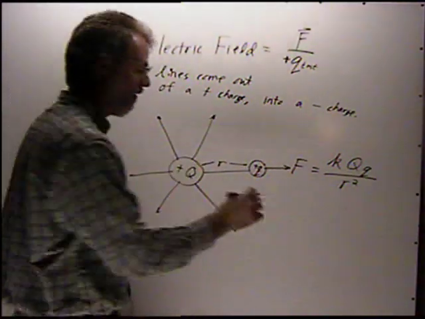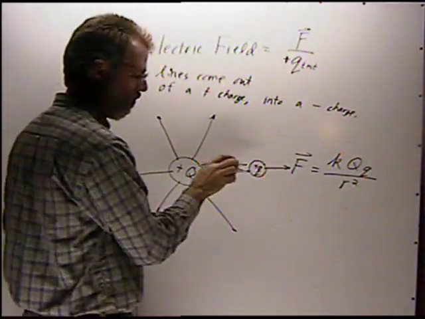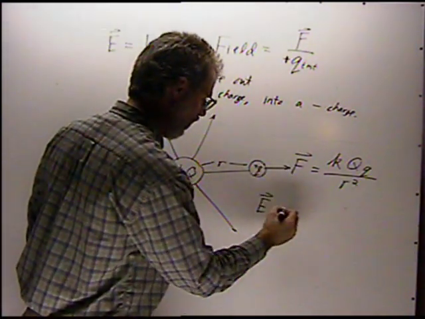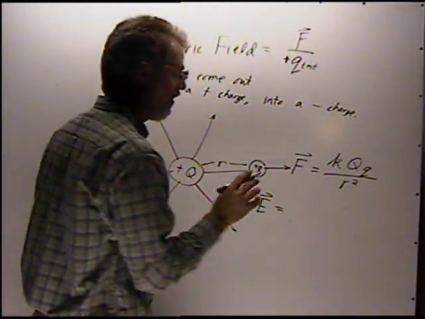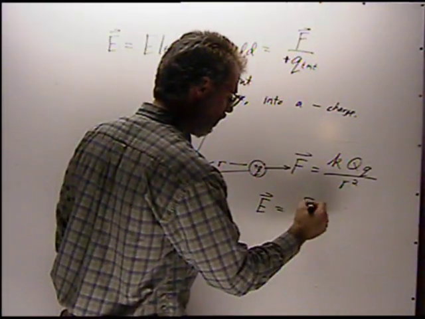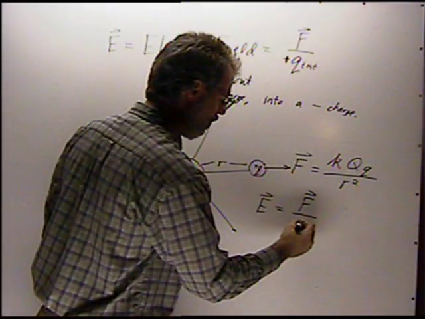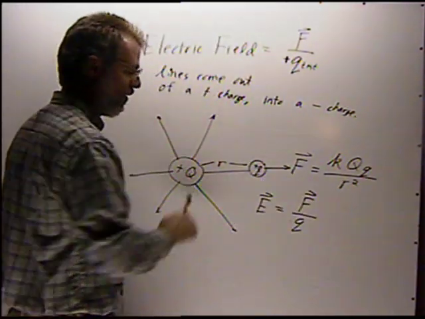Okay, now the electric field, remember that's a vector. It's a vector pointing to the right. The electric field is defined to be, remember it's purely a definition, the electrostatic force divided by the test charge q itself.